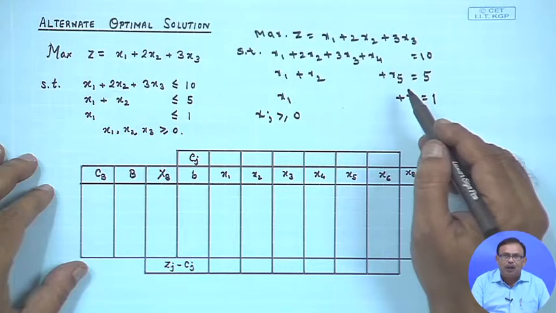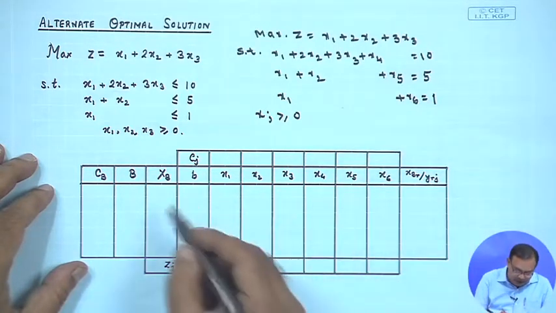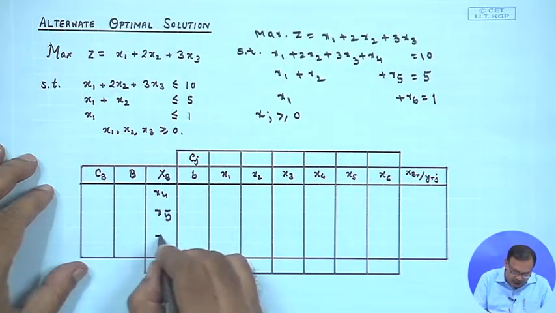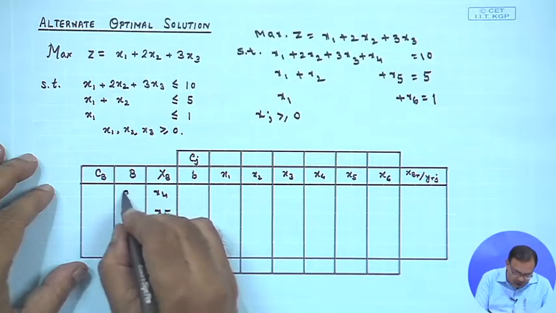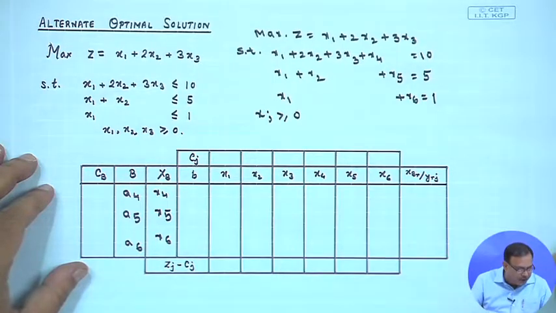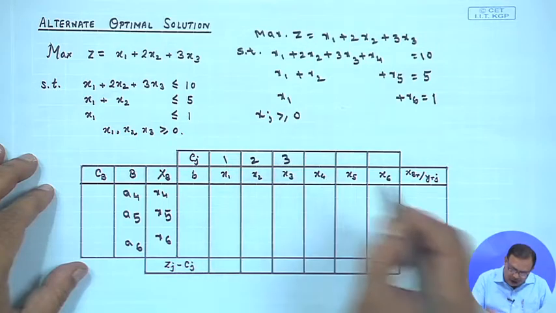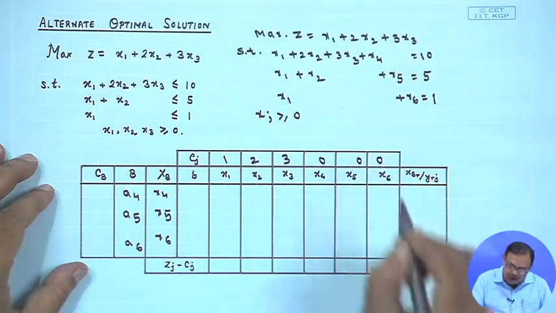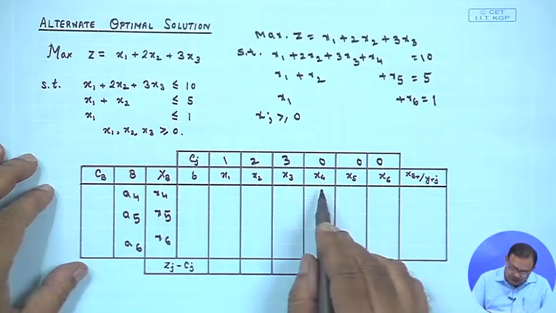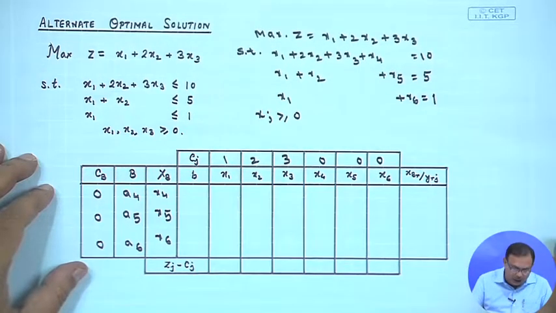Therefore, in the basis your variables are x4, x5 and x6, that is a4, a5 and a6. Your Cj values are 1, 2, 3, and for x4, x5 and x6 the values are 0. So your Cb values will be 0, 0 and 0. Now write down the rows.